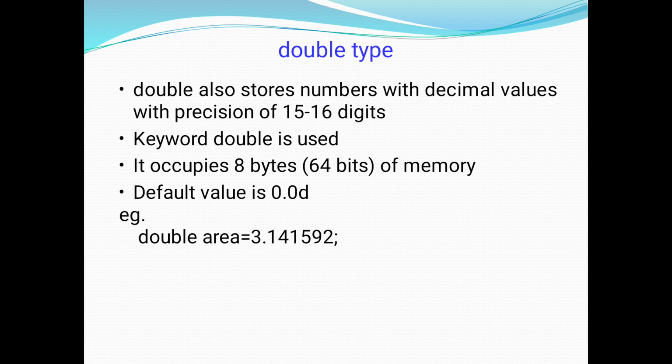Its default value is 0.0 and D is appended to the end of the value to represent it as a double. In the example, variable area is declared as a double and a value of 3.141592 is initialized. This is about the numeric data types. Finally, we have learned about 4 integer data types: byte, short, int and long.